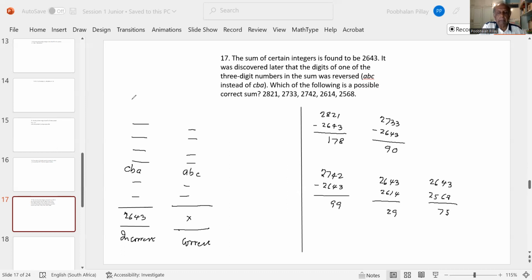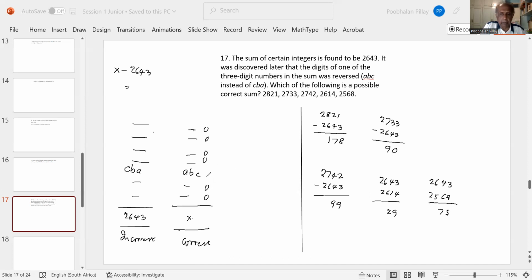So what do you get? x minus 2643 is equal to this minus this, which is 0. It's the same number. So here you get 0. All these are zeros. So to subtract this minus this is the same as saying it's that minus that, plus that minus that, plus that minus that, same thing.